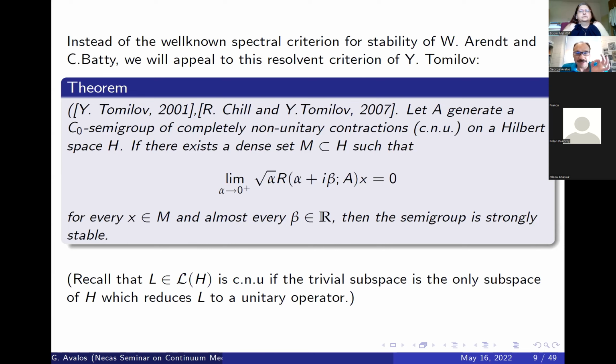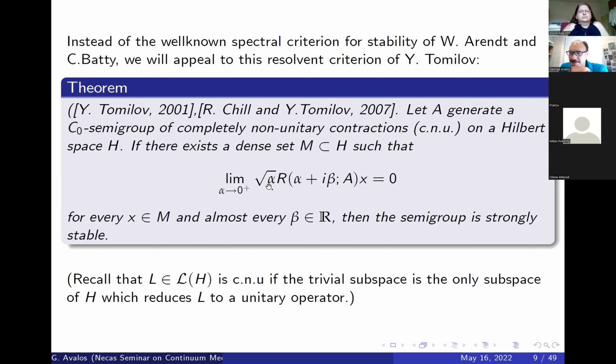So assuming that the contraction semi-group is completely non-unitary, then moreover, suppose, well, for our purposes, the dense set is M. Suppose that for every point in the Hilbert space, you can establish a strong limit with respect to the resolvent, at least scaled by this beneficent power of alpha.